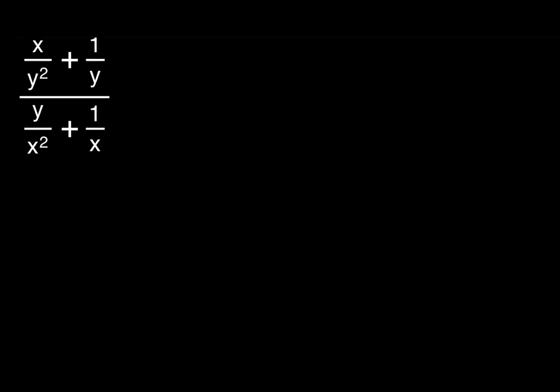A little bit bigger. Dividing by a fraction is the same as multiplying by the reciprocal. So I will have x over y squared plus 1 over y times, we need to make that into a single fraction first.